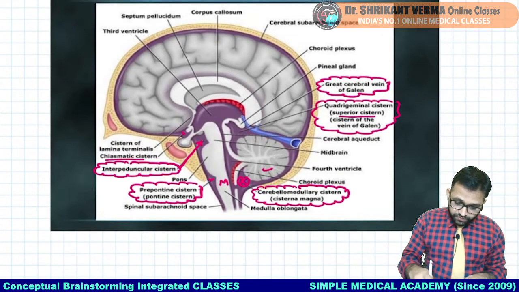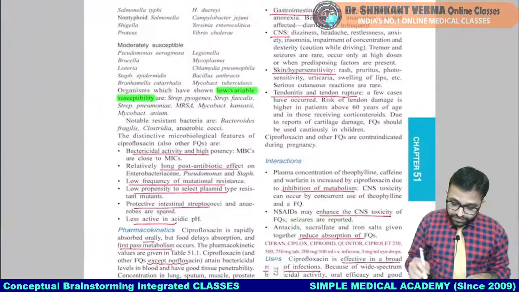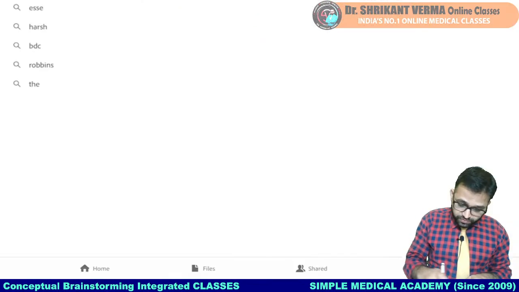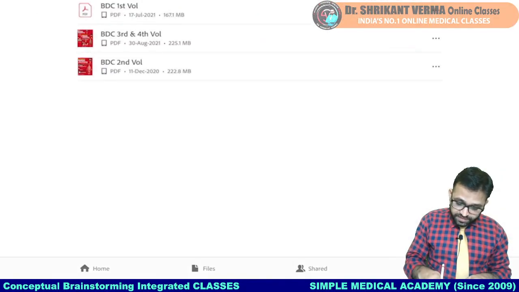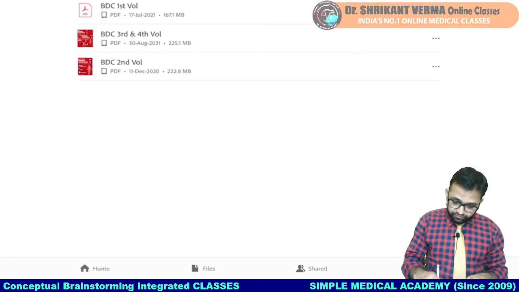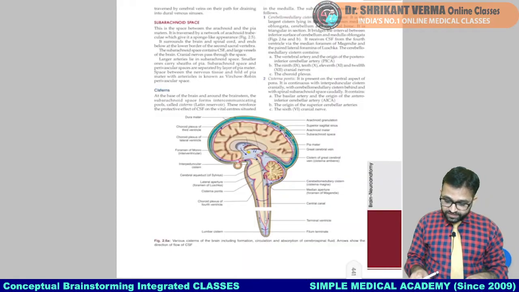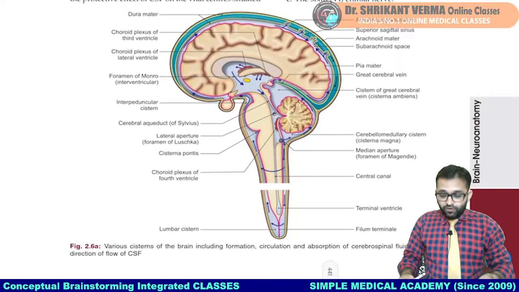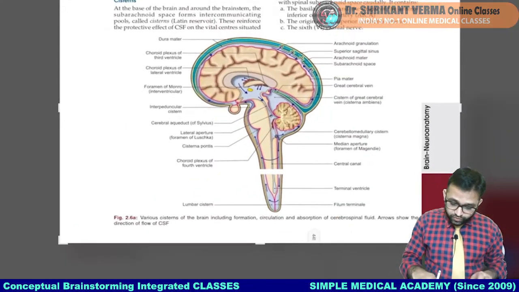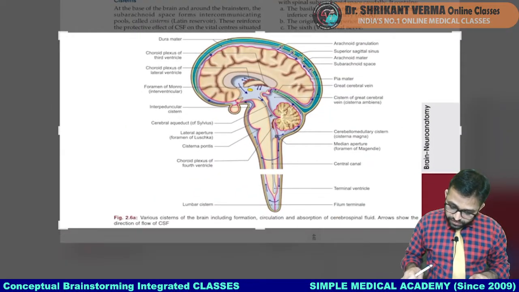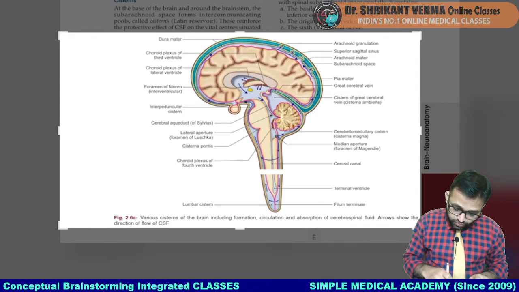Yes, you can follow the BD Chaurasia also. Please follow the recent edition. Yes, this is the image from BD Chaurasia sir. I'm going to tell you the page number also. These are the detailed classes from the basics to the top clinical level.